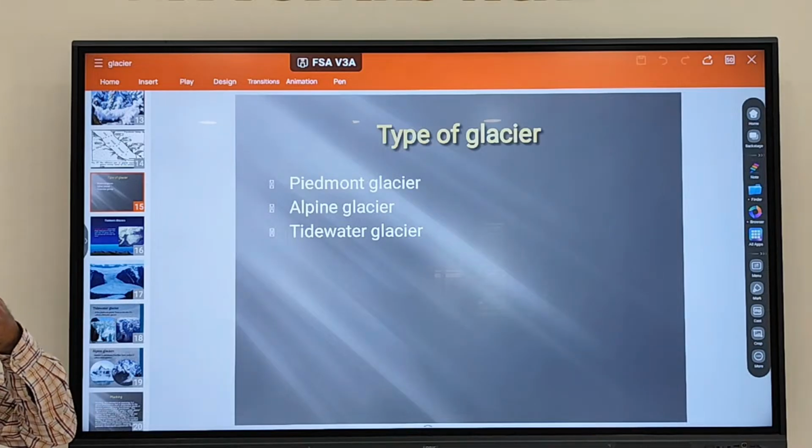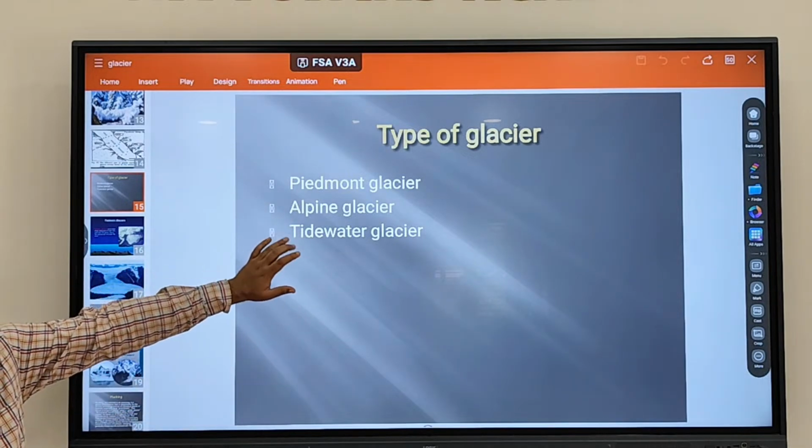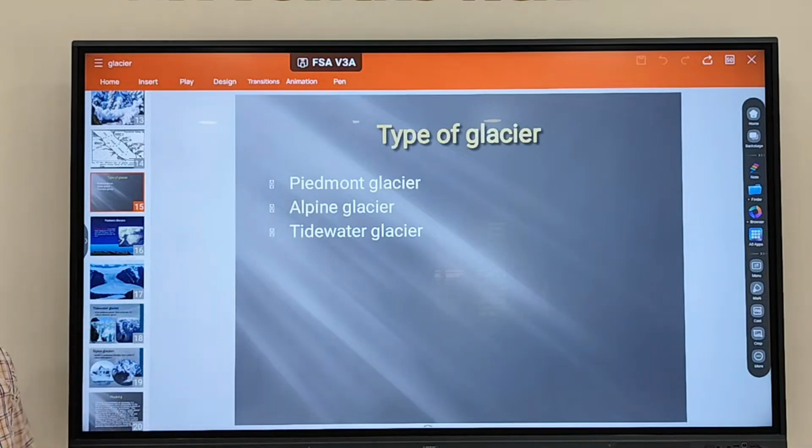Clear? So if a question comes, what are the types of glacier? You are going to explain Piedmont glacier, alpine glacier and tidewater glacier.